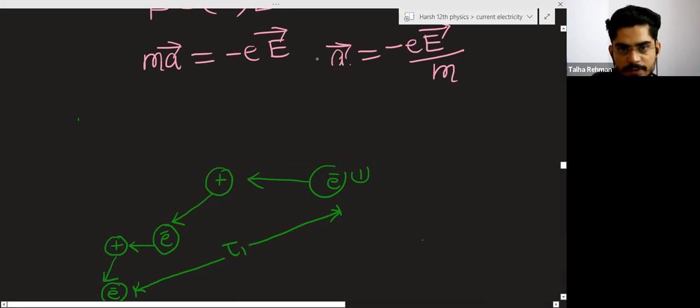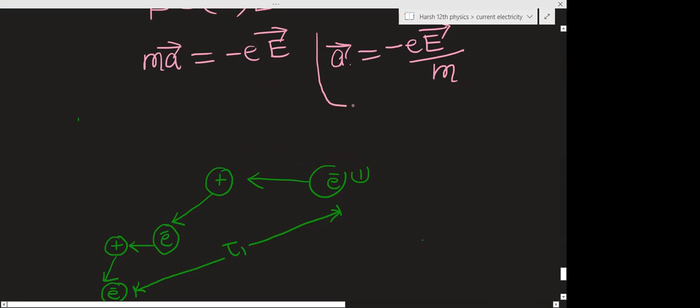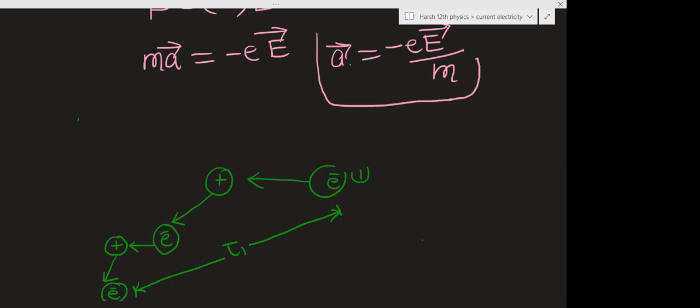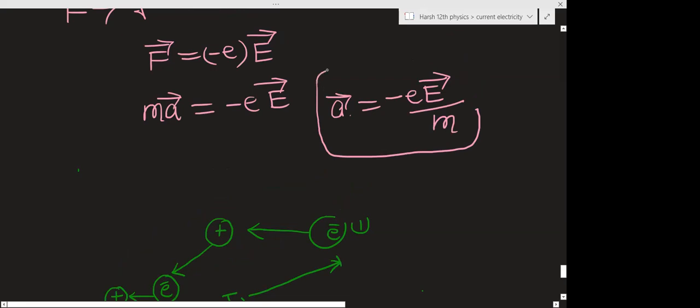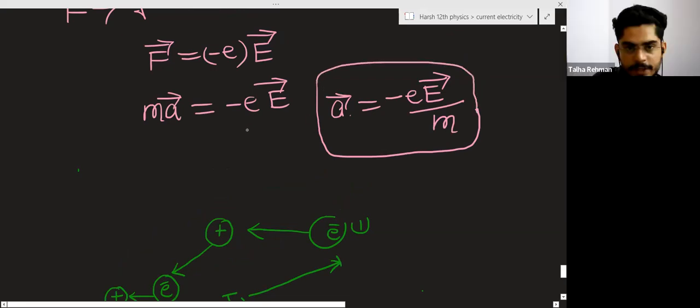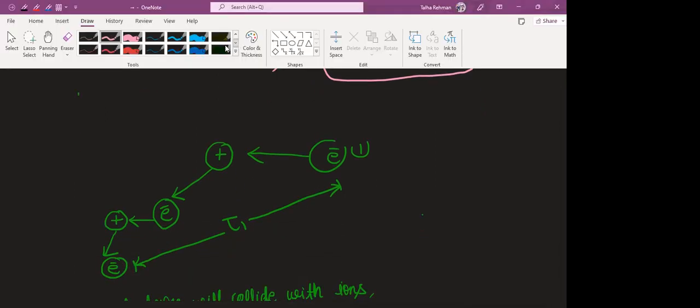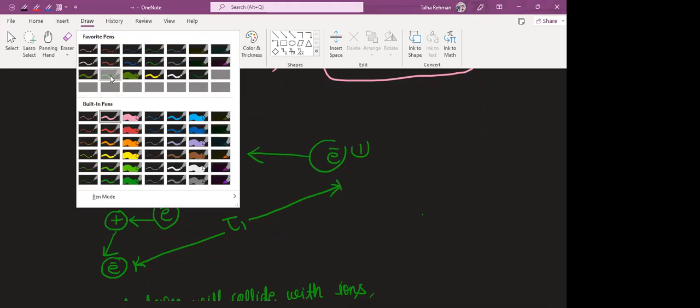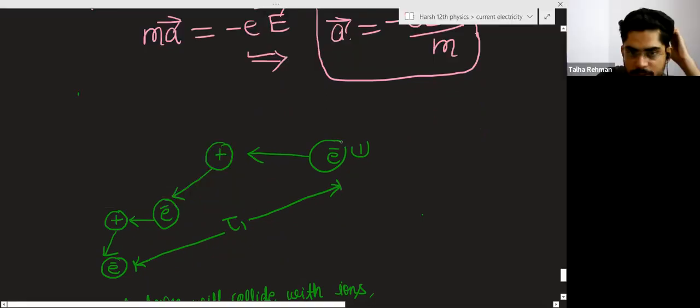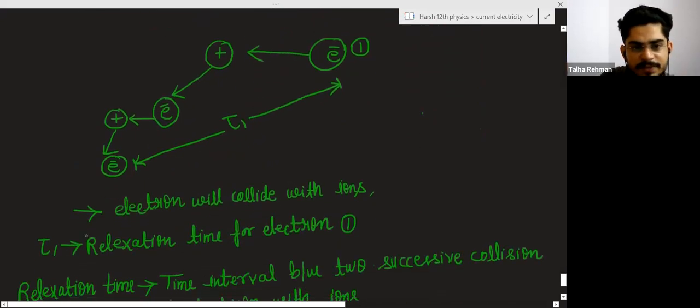This is the acceleration. You will get it from this equation, and this is electron number 1. What will happen after the second collision?